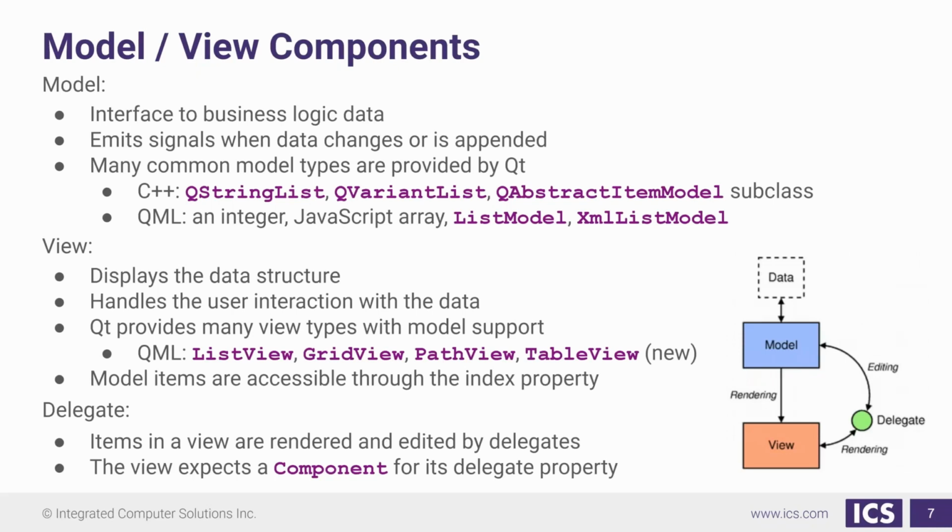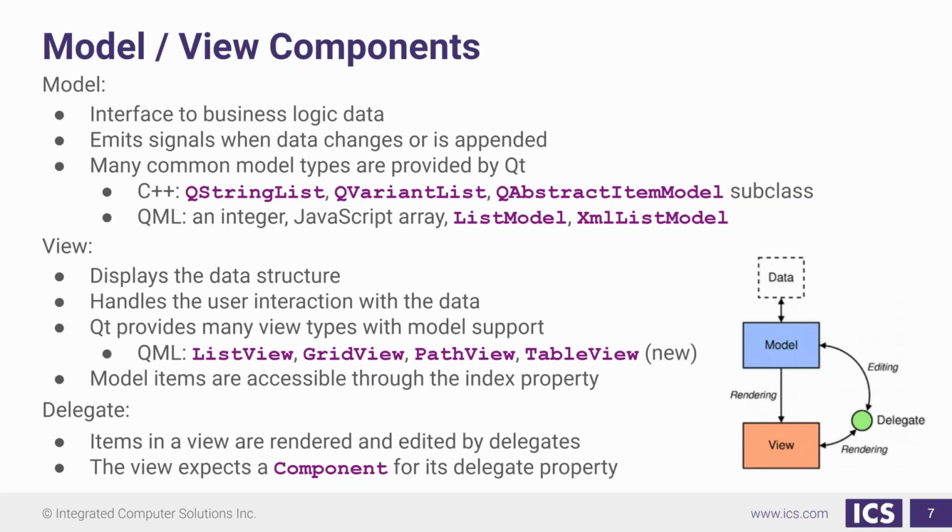Now, we have several components of model view. First off, we have the model, which is just an interface to our business logic or some data. We have a view. The view is going to display this data structure. And the delegate, which is going to be responsible for rendering the items inside of this view.